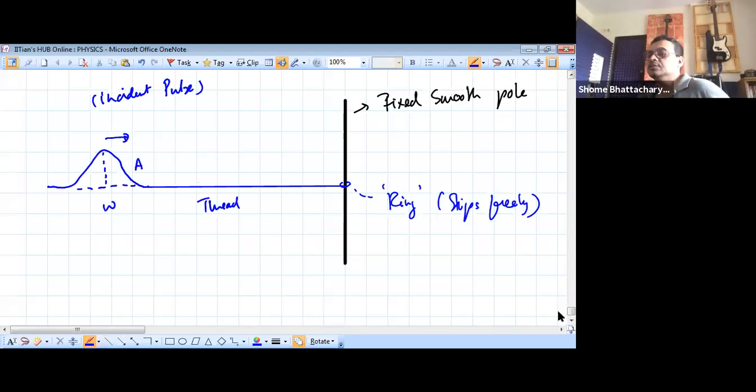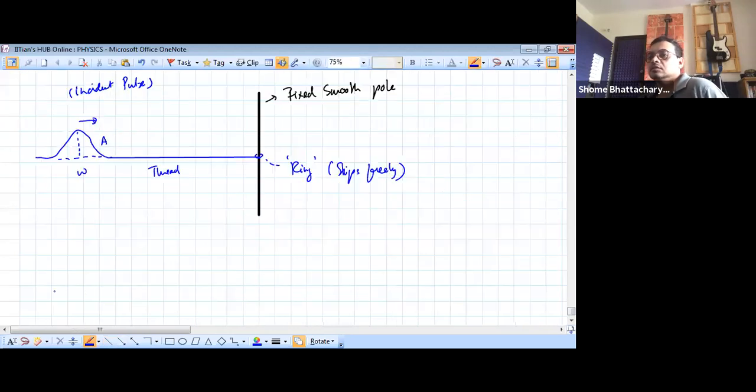So here we'll see it's actually the opposite. Here what happens is the reflected pulse will come back in phase. So what we'll observe is that after some time, the reflected pulse will come back in phase. It will just be moving like a mirror image. Rest it will be the same shape.